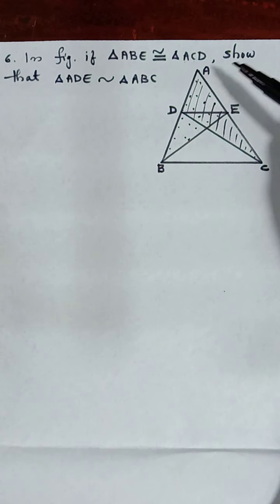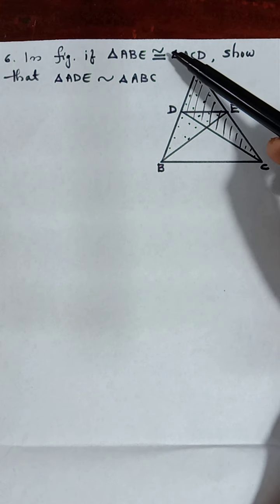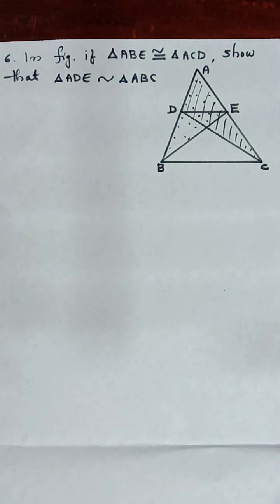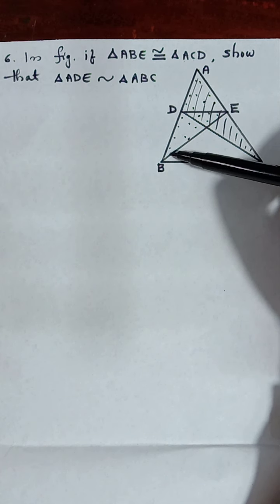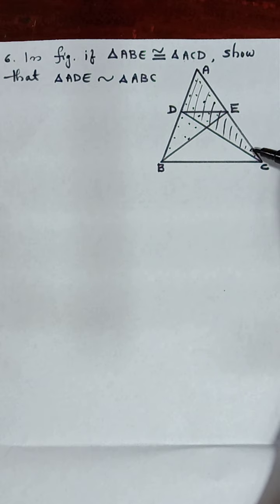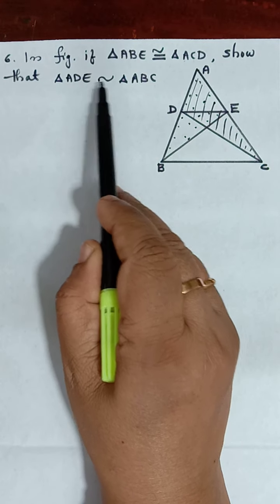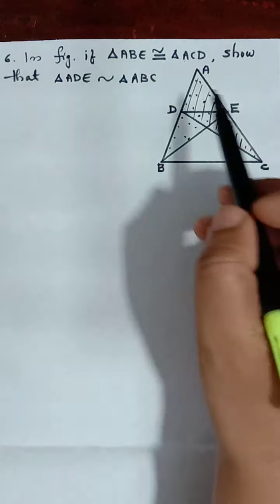These are the things we are getting from this congruence. And also the corresponding angles are equal. Angle A is common for both of them. This angle B is equal to this angle C, part of it. They are also equal. This is how many points we are getting. We have to prove that triangle ADE is similar to triangle ABC.